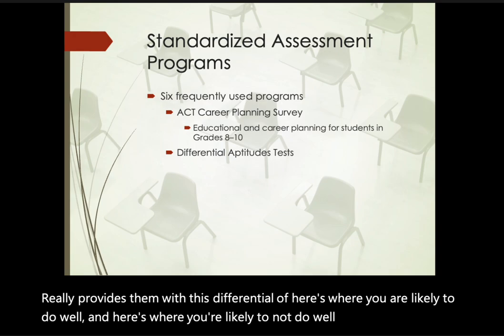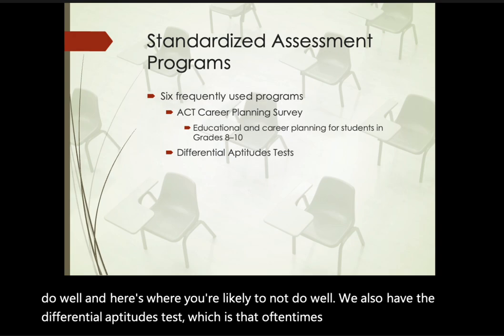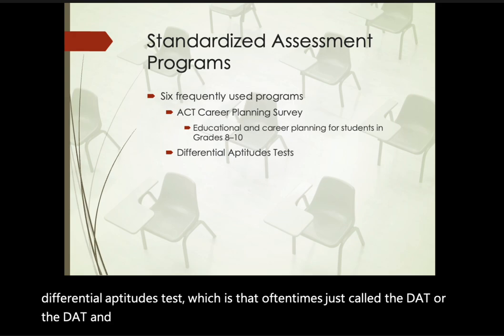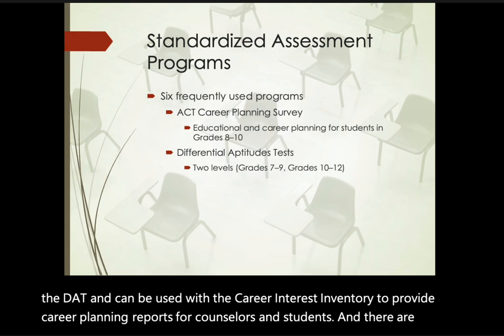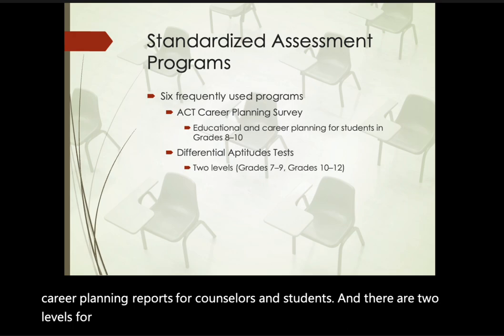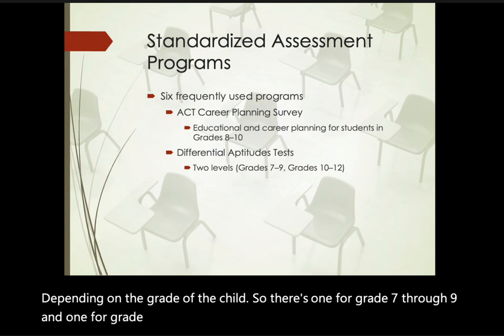We also have the Differential Aptitude Test, which is oftentimes just called the DAT, and can be used with the Career Interest Inventory to provide career planning reports for counselors and students. And there are 2 levels for each assessment tool, depending on the grade of the child. So there's one for grades 7 through 9 and one for grades 10 through 12.